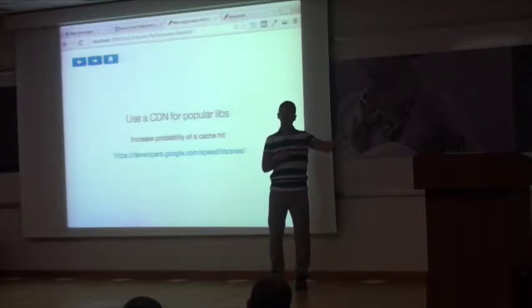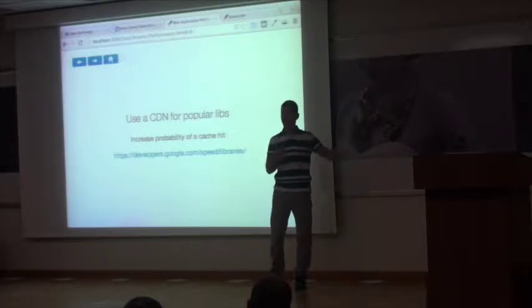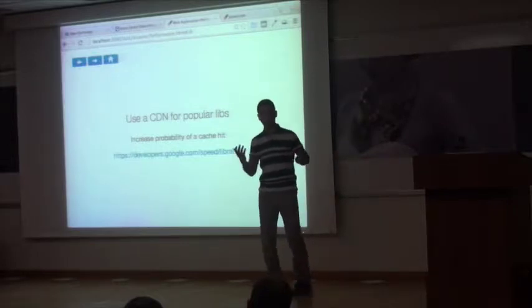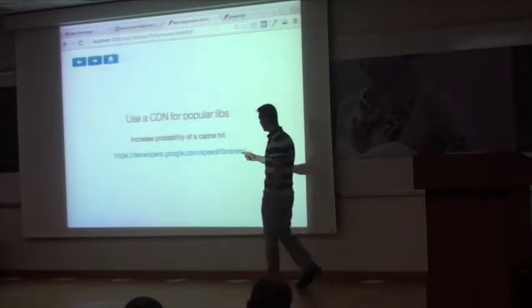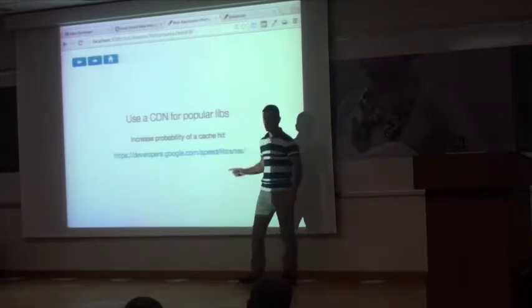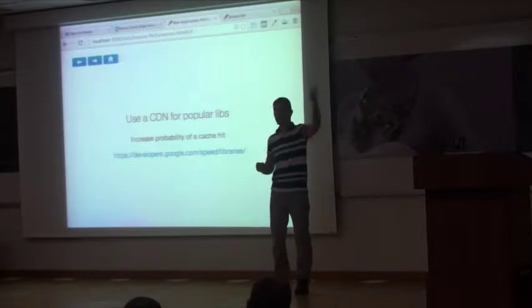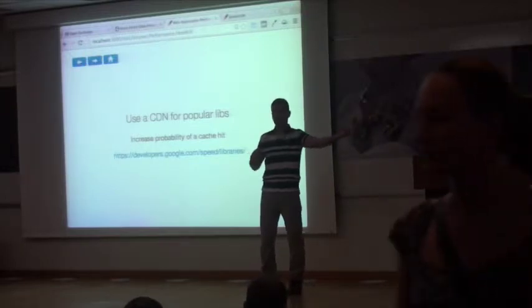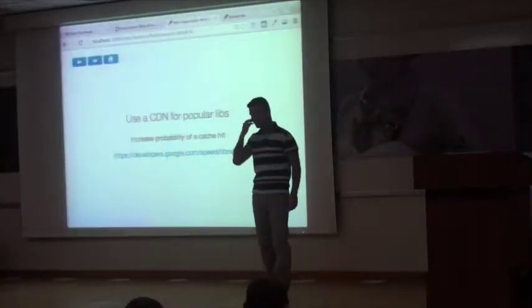How can you avoid going to the server? Cache hit, exactly. You hit the cache. So how can you hit the cache? Well, one way to do it is if you reference a CDN that another application is also referencing, that means that other application has already downloaded that file, and you are now getting a cache hit. I'll give you an example.